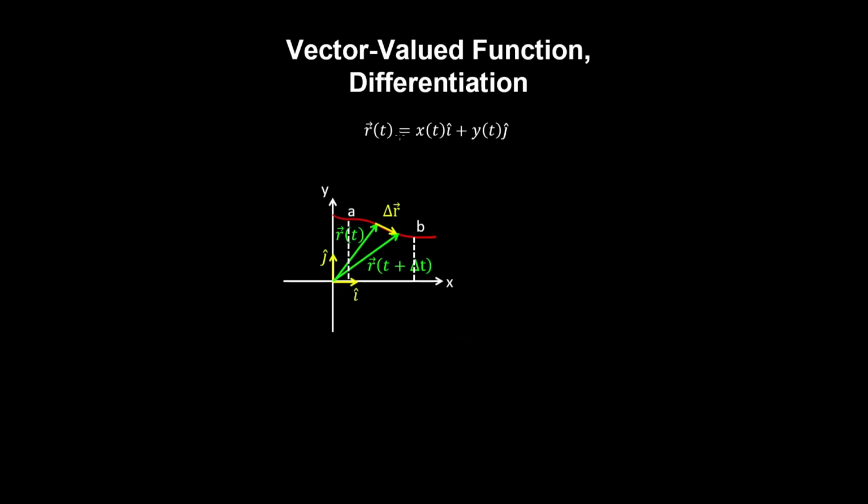We can extend the methods for differentiating real or scalar valued functions to vector valued functions. So suppose we have the vector valued function that takes an input t, and that gives the following position vector. Well, similarly, we can write r at t plus delta t as follows.